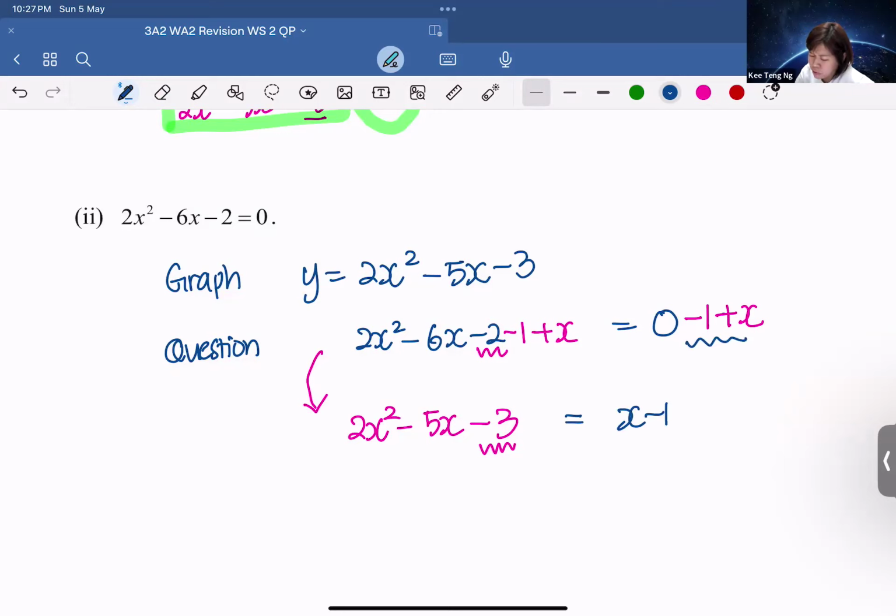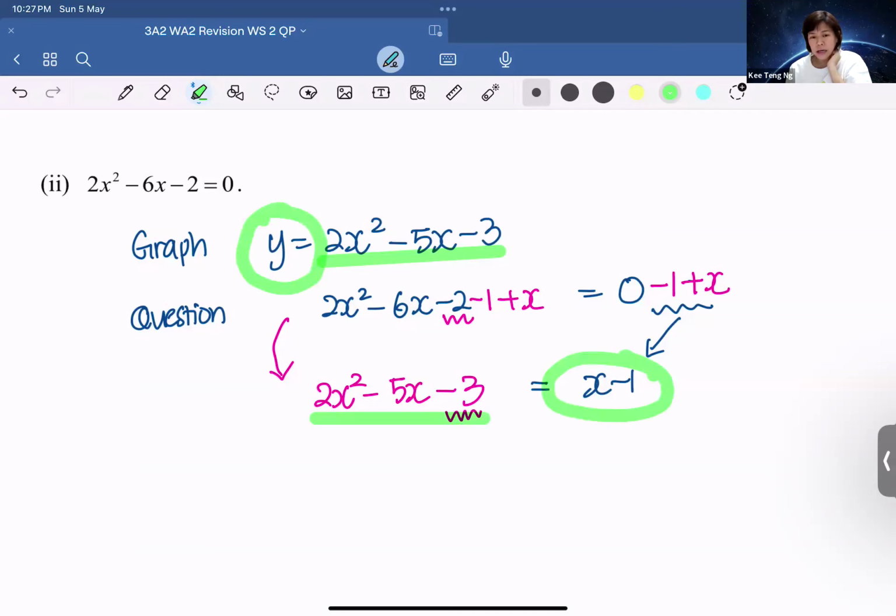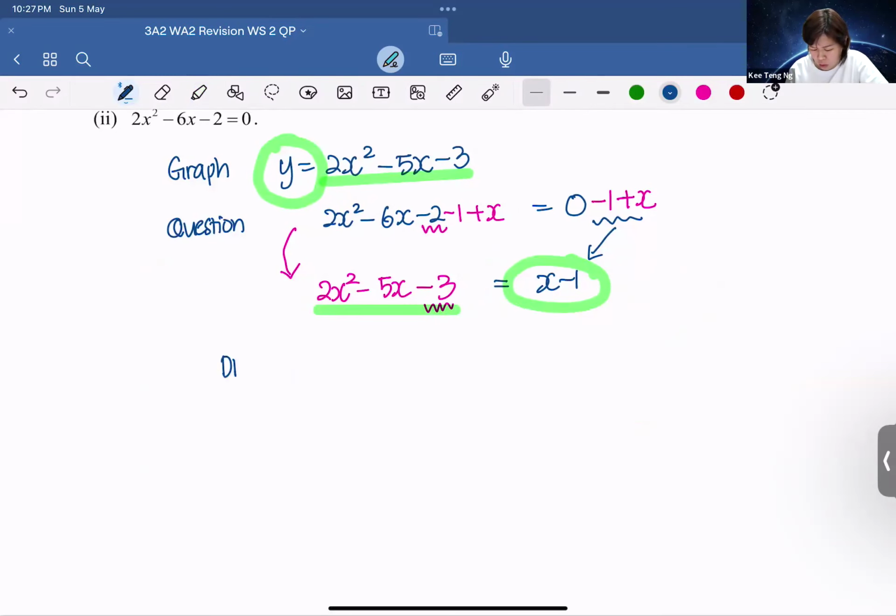I'm going to simplify and rearrange it over here. And we know that y equals this whole thing. This portion and this portion is the same. So y equals the line x minus 1. So the line that I need to draw is y equals x minus 1.